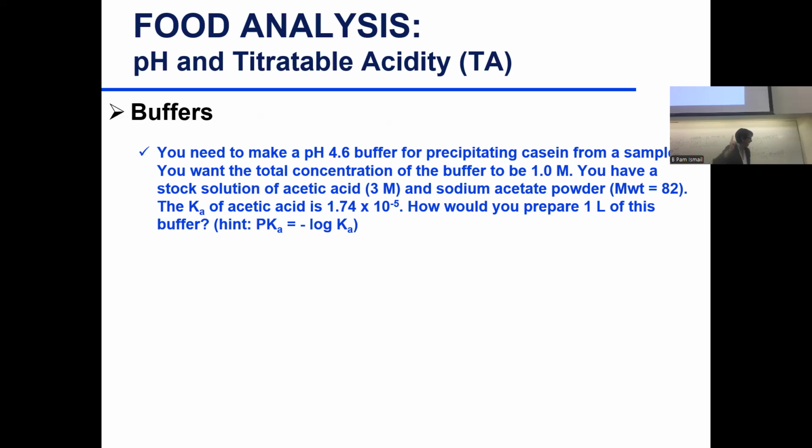We're going to prepare a liter. So this is equal, that is your conjugate base. So this is moles per liter. Okay, then the mass is what I'm looking for. And the molecular weight, I gave it to you, is 82 grams per mole.